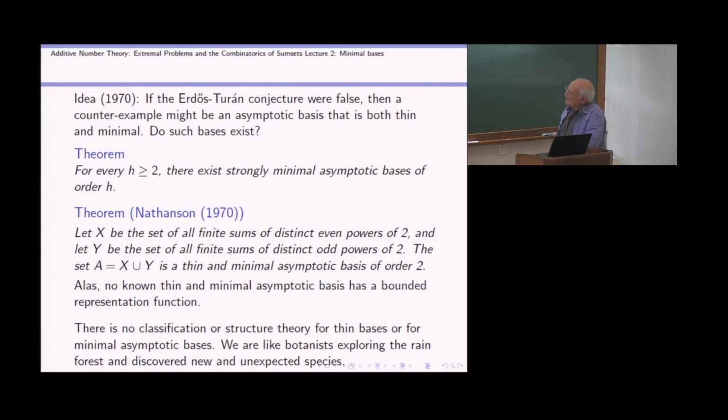Unfortunately, this set and every example of such sets that have been constructed have unbounded representation functions. The representation function tends to be very small most of the time, but then it has peaks. There is still nothing close to a classification theory or a structural theory, either for thin bases or for minimal bases, for any of these extremal structures in additive number theory.